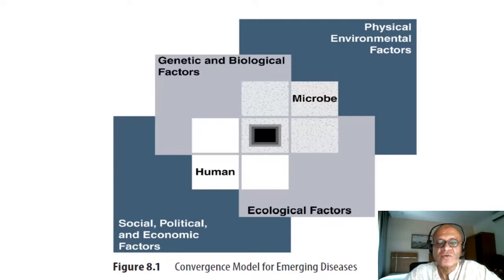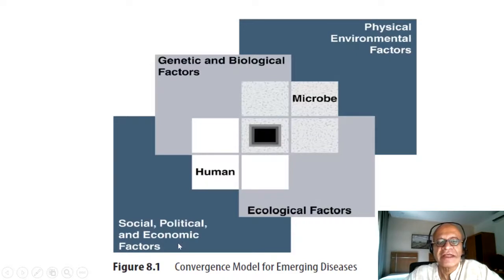Okay, so we will look for this model called convergence model for emerging diseases. That gives you a sense by the end that while climate is an overriding factor, it's a force multiplier, and it's obviously providing the environmental conditions for pathogens, humans, ecological factors, and affecting genetical and biological factors.